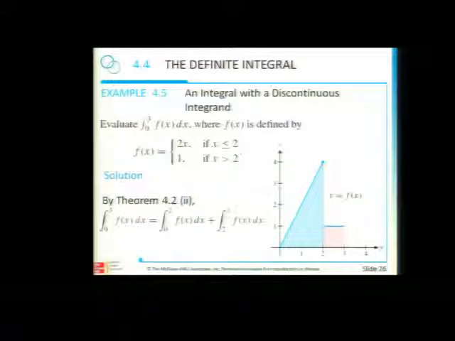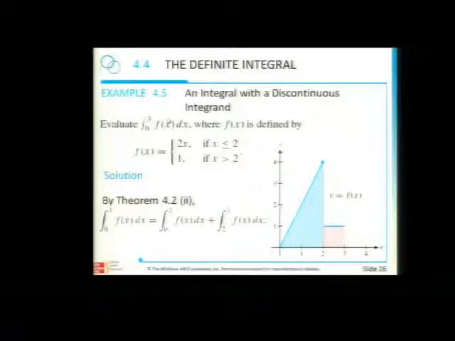All right, so we are going to integrate this function from 0 to 3. And this function is described by two expressions: 2x when x is less than or equal to 2, 1 when x is bigger than 2. So we make use of the area under the curve to evaluate this integral, okay?